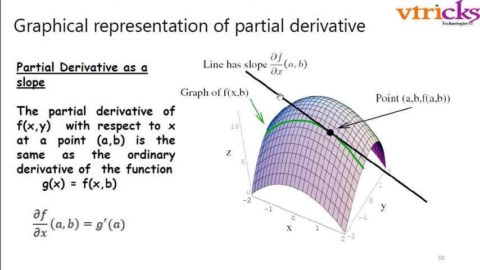It represents the slope of the tangent at the point (a, b). We had already fixed y equal to b, and when you take g'(a), we have also fixed x equal to a. Just like we had seen for the ordinary derivative, even for functions of several variables the geometric perspective of the derivative is the slope of the tangent at that point.